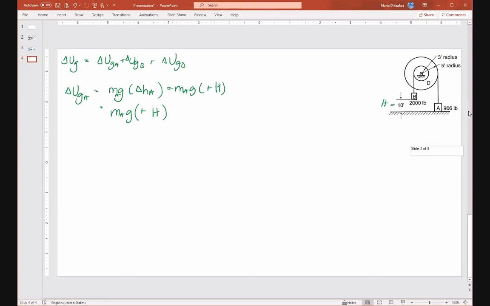Now, delta UGB is MB G delta HB. By analogy, what is its height change? In this case, negative H. That's right. So now we have that, and delta UGD.